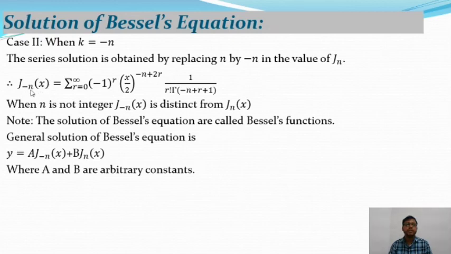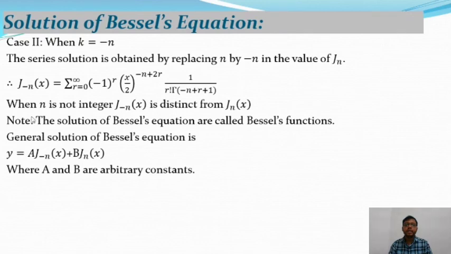This is also a Bessel's function, equal to the summation of r from 0 to infinity of (-1) to the power r into (x/2) to the power minus n plus 2r into 1 by r factorial into gamma of minus n plus r plus 1.